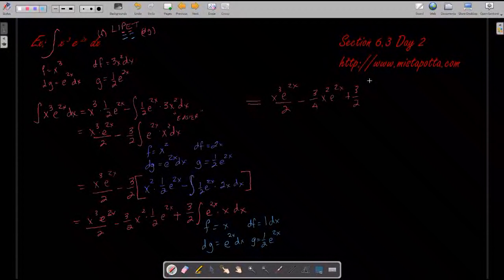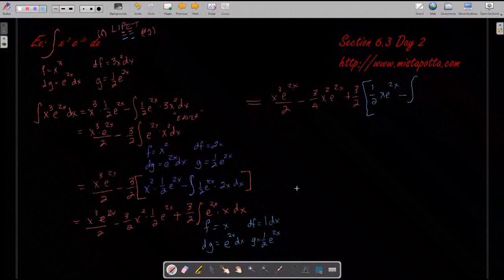So it's going to be 3/2 times f times g, 1/2 x e to the 2x, minus the integral of g df. But this is just 1/2 e to the 2x dx.